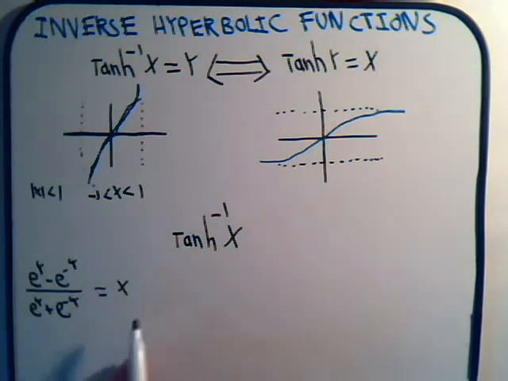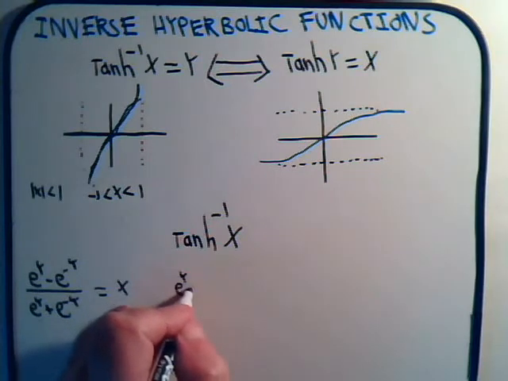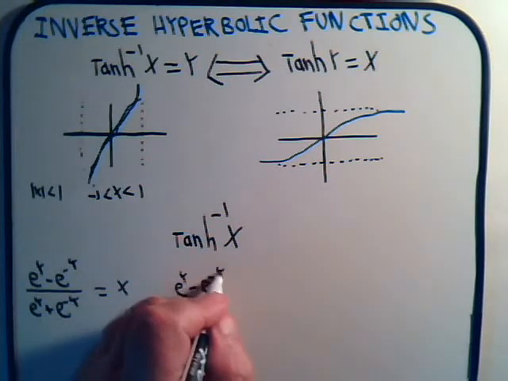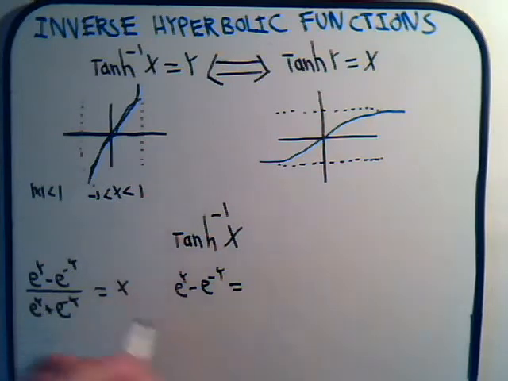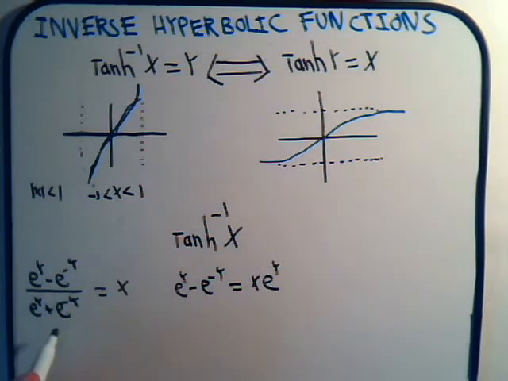And let's multiply through by this, so we have e to the y minus e to the minus y will equal x e to the y plus x e to the minus y.